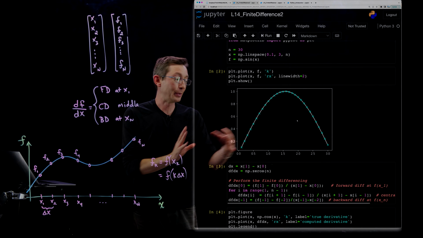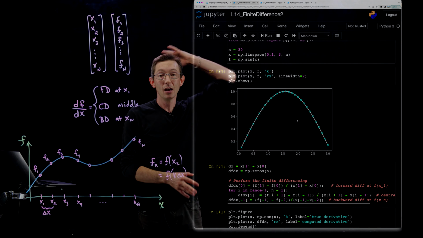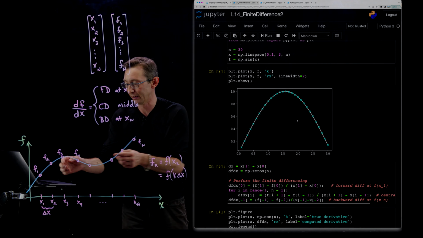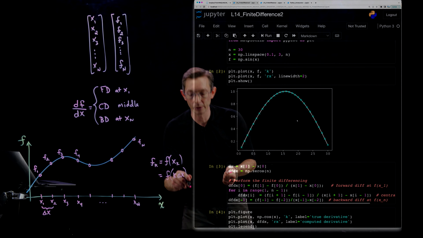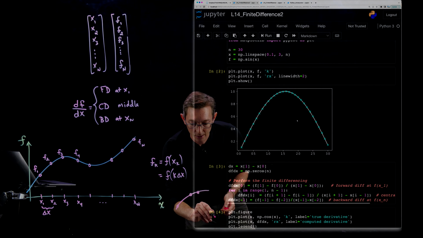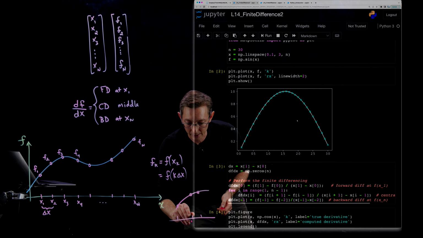And you can convince yourself by trying to plug in the Taylor series. There's any number of ways you can convince yourself of this. You could zoom into a little region where I'm going to try to draw this so that these are totally different delta x's. So, this is xk, xk plus 1, and xk minus 1.